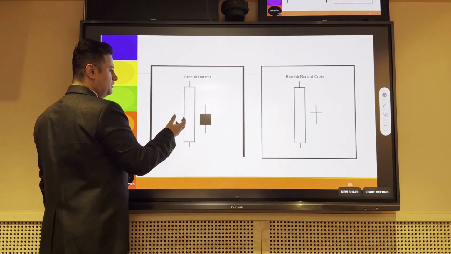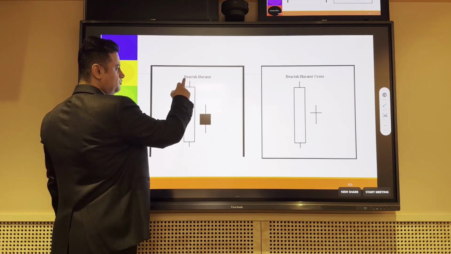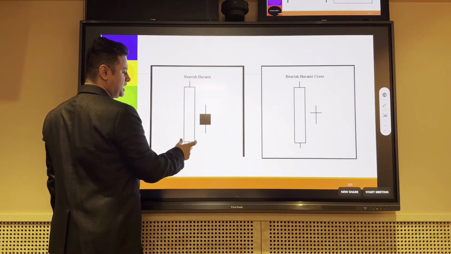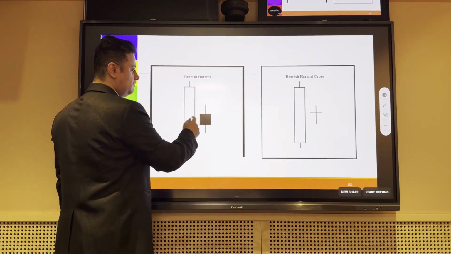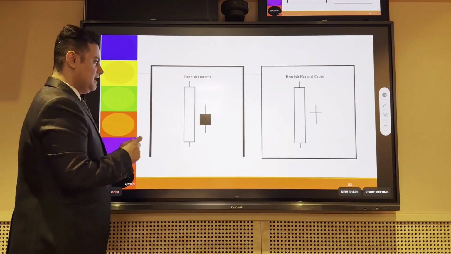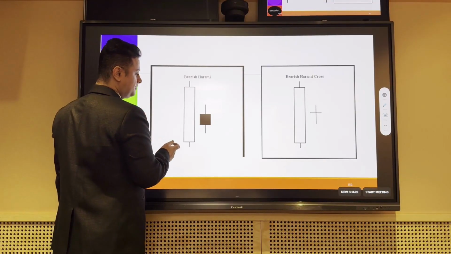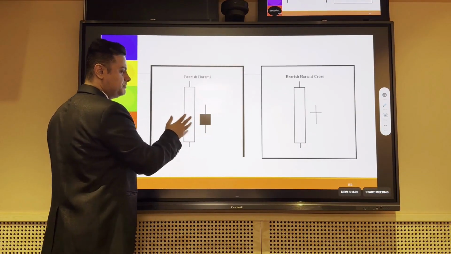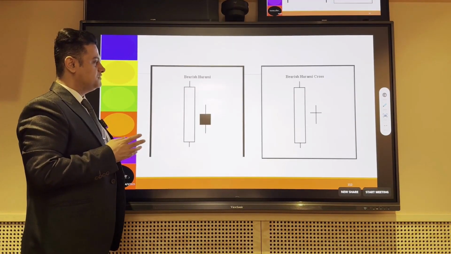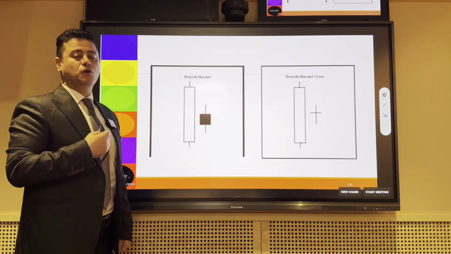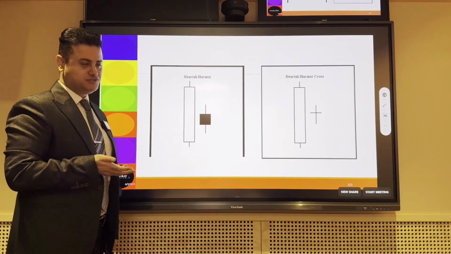The difference between this pattern and the bullish Harami is that in a bearish Harami, your first candlestick is a hollow one, and the second candlestick can be a filled one. When this happens, it means that the market is likely to experience a negative trend for the stock. In other words, your prediction is that the stock will decline in the coming days.